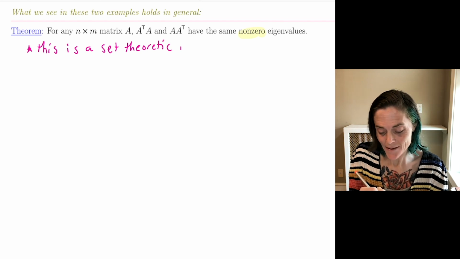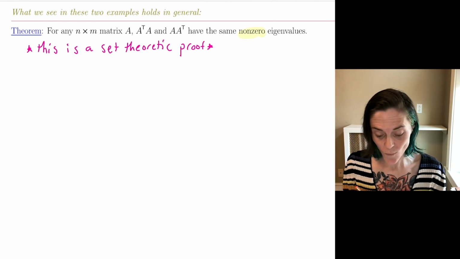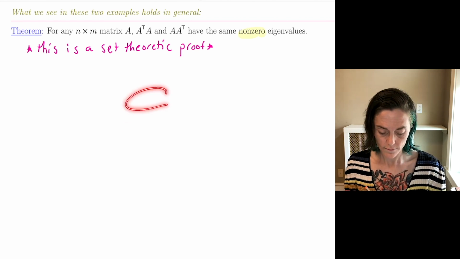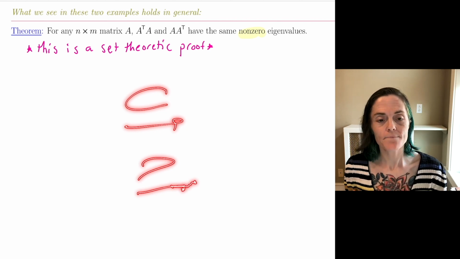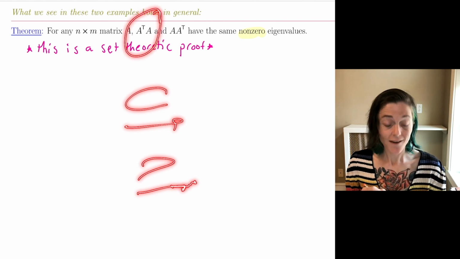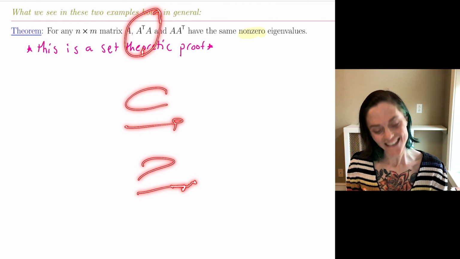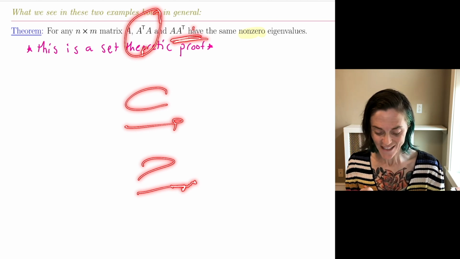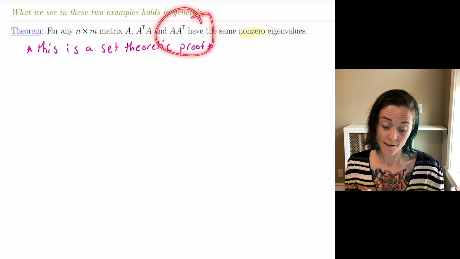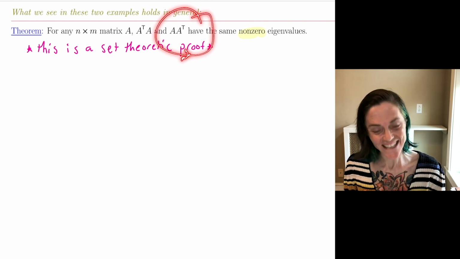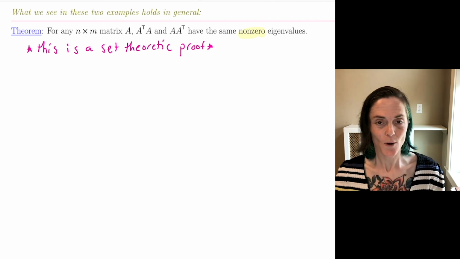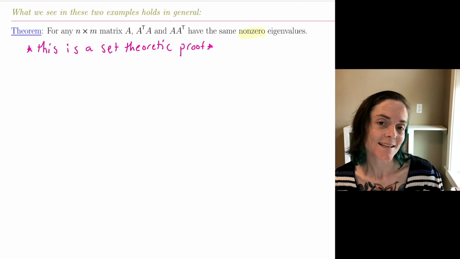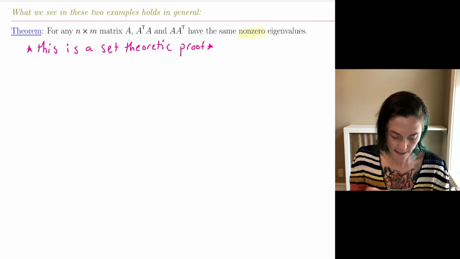If you know anything about set theoretic proofs, to show two sets are equal, I need to show really two directions of subset. Namely, if you have a non-zero eigenvalue for this matrix, it is also one for this matrix. And similarly, if you have a non-zero eigenvalue for this matrix, it is also one here. We can use the transpose here and really just prove one direction. So I will make a comment on that at the end.